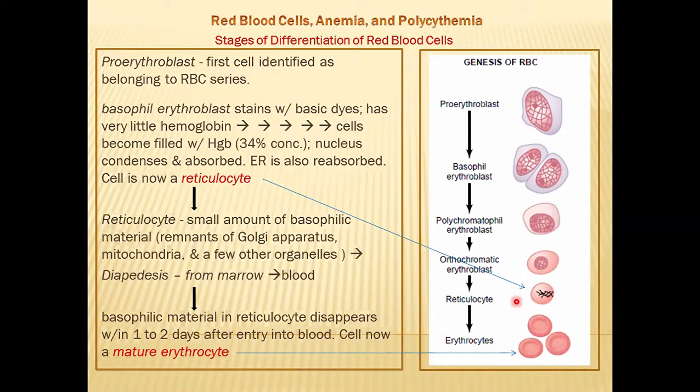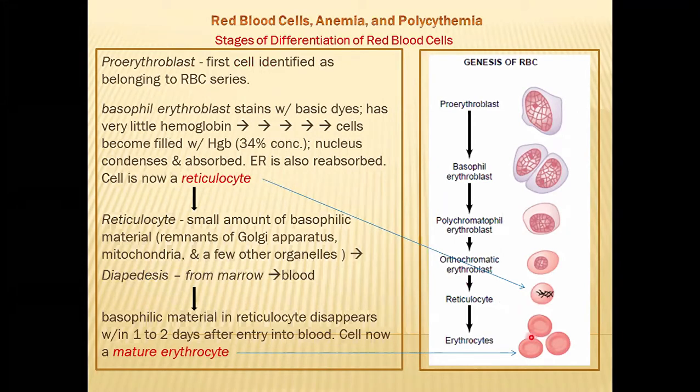And then it gets out of the bone marrow and goes into the blood, into the circulation. So the other stages will take place in the bone marrow. Then once it becomes a reticulocyte, by a process known as diapedesis, it gets out of the bone marrow, goes into circulation, and in 1 to 2 days, it becomes a mature erythrocyte.